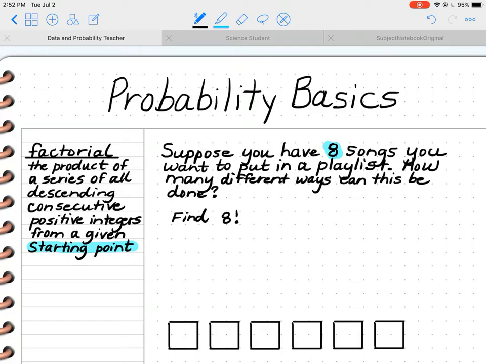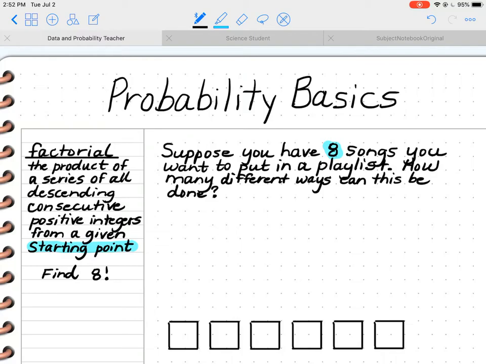The symbol for factorial is an exclamation point, so this kind of looks funny. If you're reading along and it says to find 8 and an exclamation point, you might wonder what in the world that is. So we want to find 8 factorial.